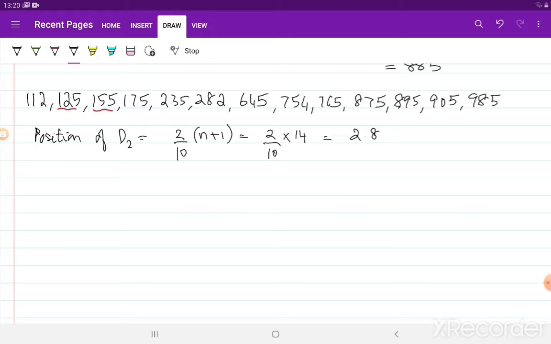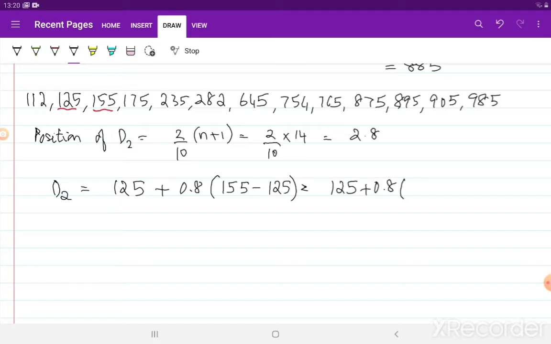So, to calculate the exact value of D2, I can write it as 125, which is my second value, plus we still have 0.8 remaining. So, 0.8 times 155 minus 125, which is 30.